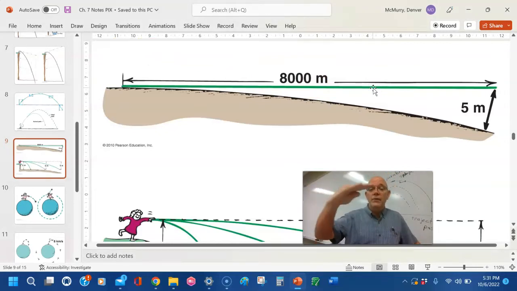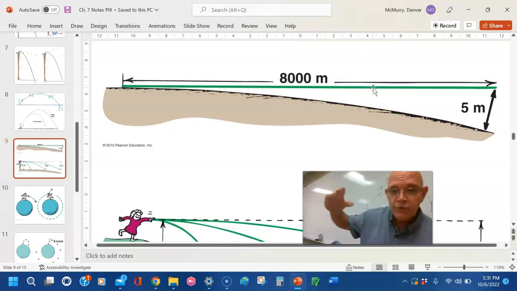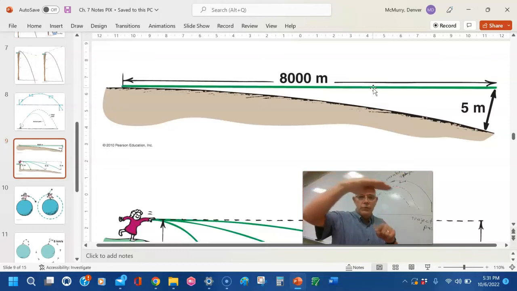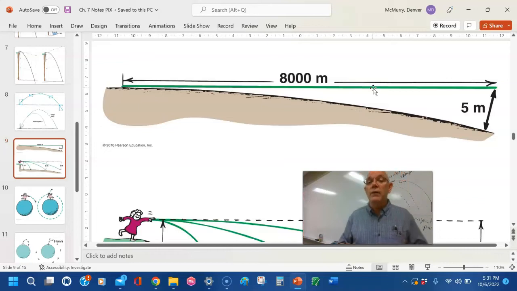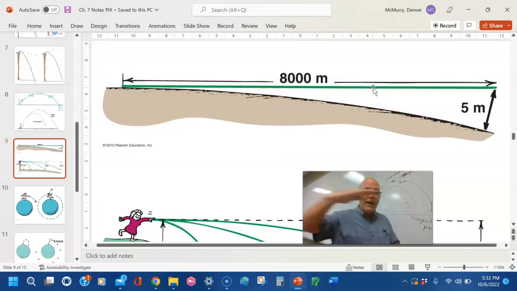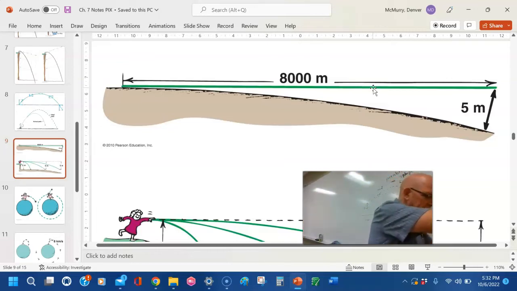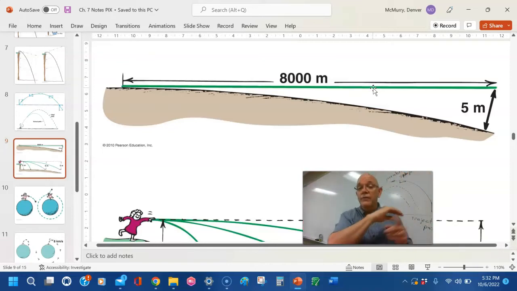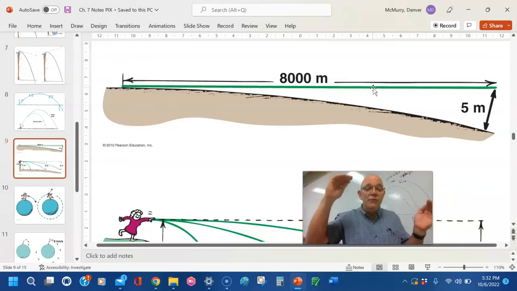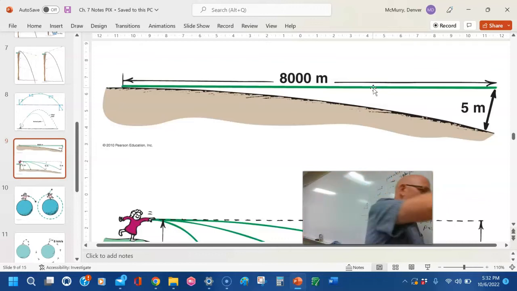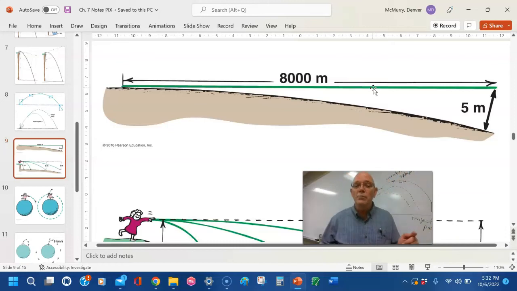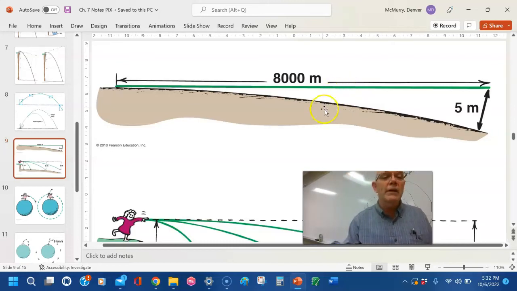So if you're shooting around the Earth at 8 kilometers per second, or 8,000 meters per second, and Earth is pulling you, you could perfectly go around the Earth, because even though you're constantly falling, you're going so fast that you're not falling very much compared to the surface. You're falling at the same rate that the Earth curves. You would just stay completely around the surface, which would be kind of cool.